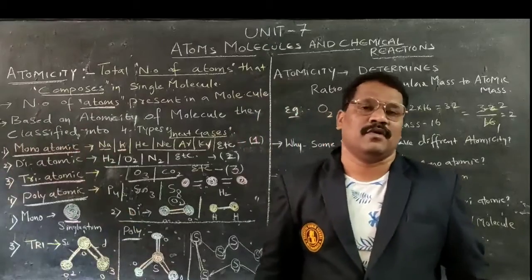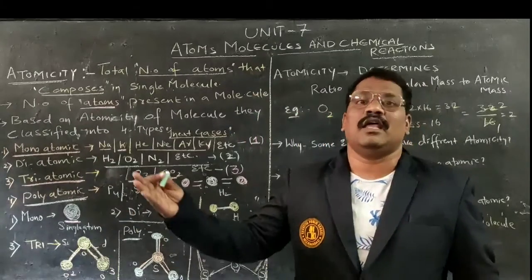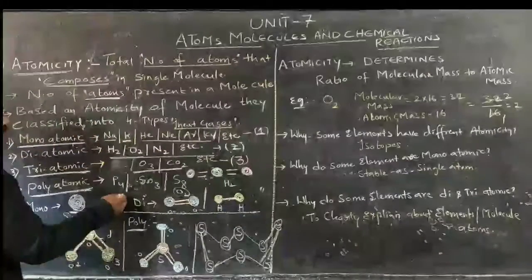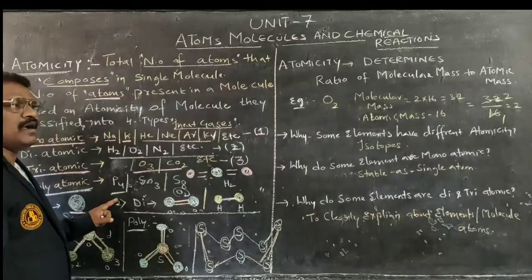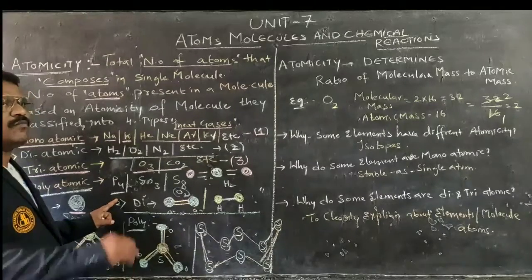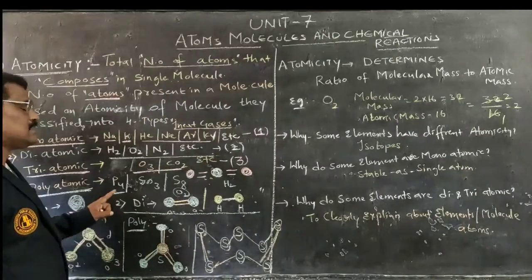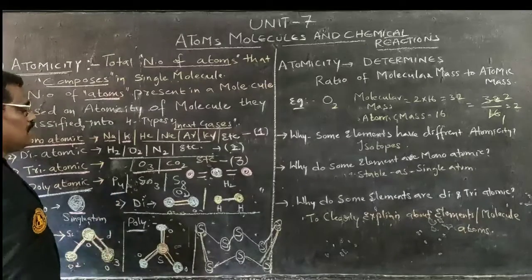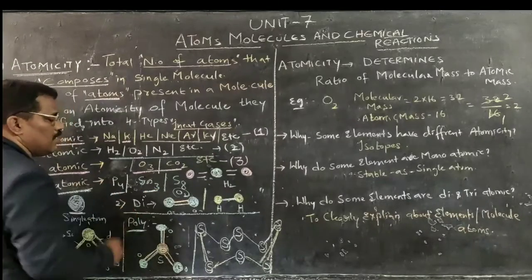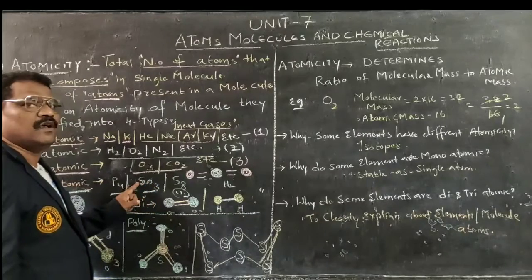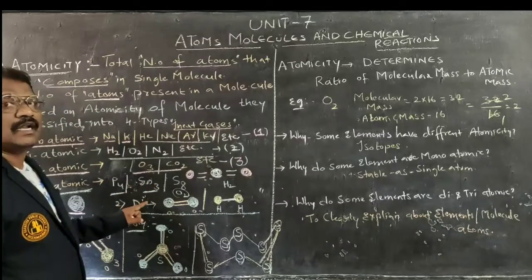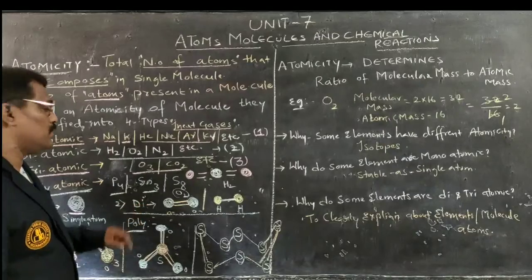Example, phosphorus has 4 atoms combined together, so 4 means more than 3, therefore polyatomic. Sulfur trioxide has 1 sulfur atom and 3 atoms of oxygen, 3 plus 1 is 4. It is also tetraatomic, atomicity is 4.